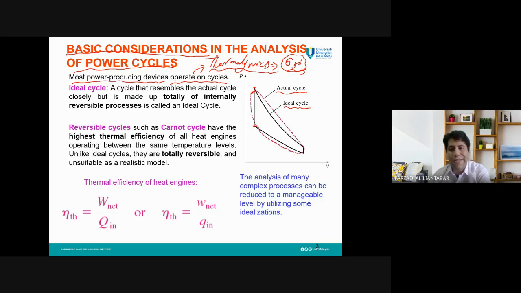So we use the ideal cycle instead. We can have information about some specific points. For example, here the actual process from this point to this point is not constant volume, but we assume it is a constant volume. And also here, this is only our assumption.